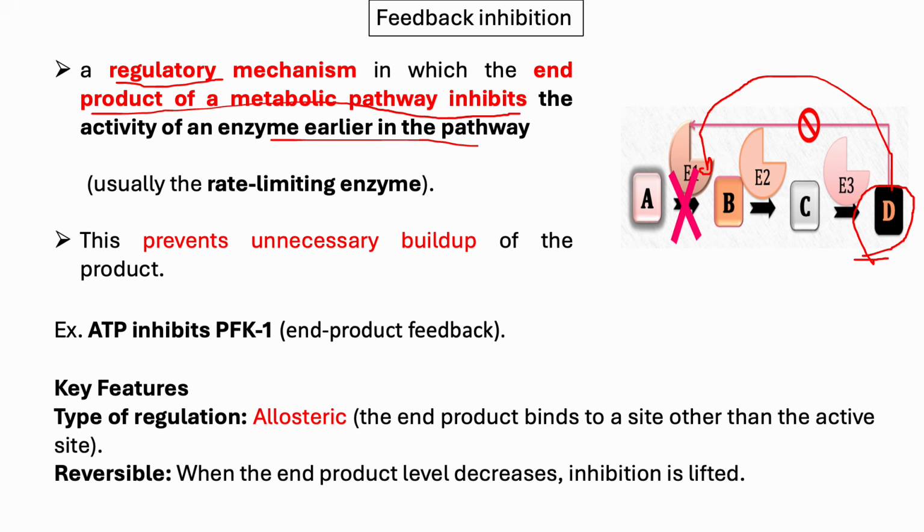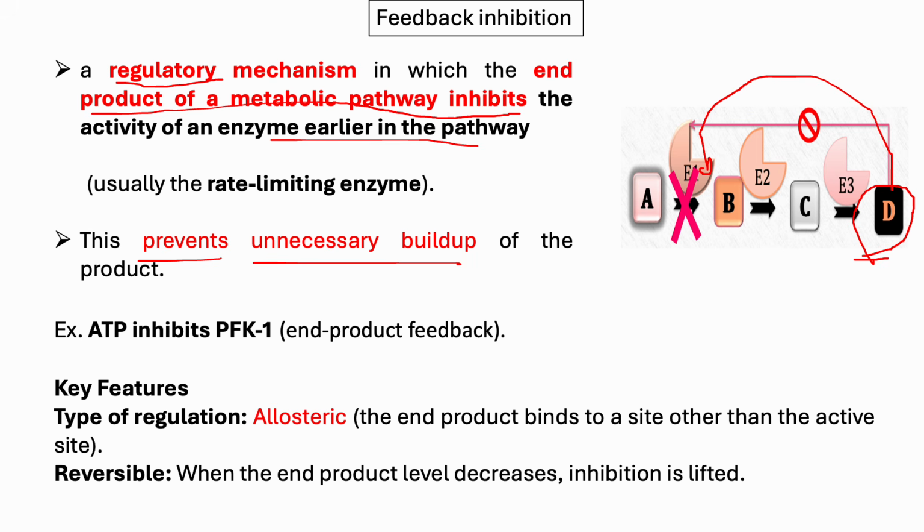Usually this blocks the rate limiting enzymes, as I told earlier, usually but not always, bear in mind. They are targeting rate limiting enzymes, which are the slowest enzyme activity in any metabolic pathway, and they are the key enzymes which control the whole pathway. So feedback inhibition targets these rate limiting enzymes, not always, but most of the time, and this feedback inhibition prevents unnecessary buildup of the product.